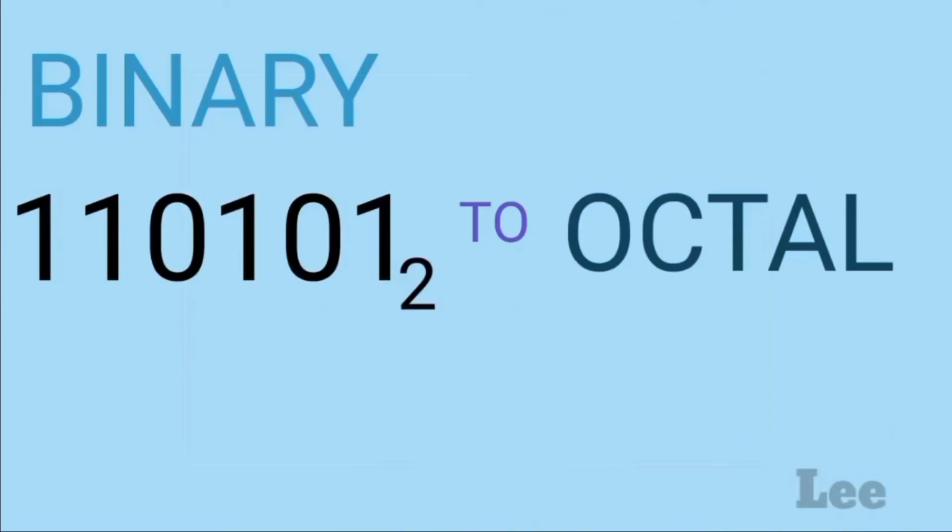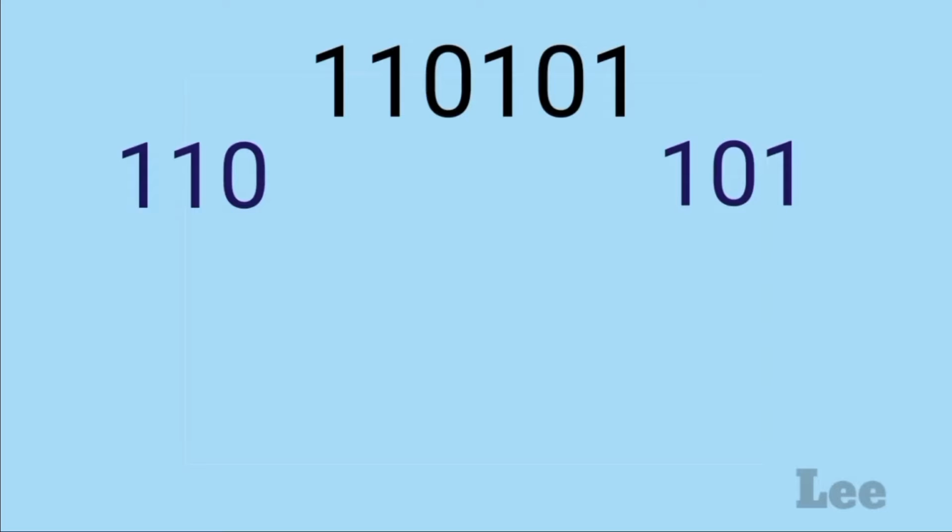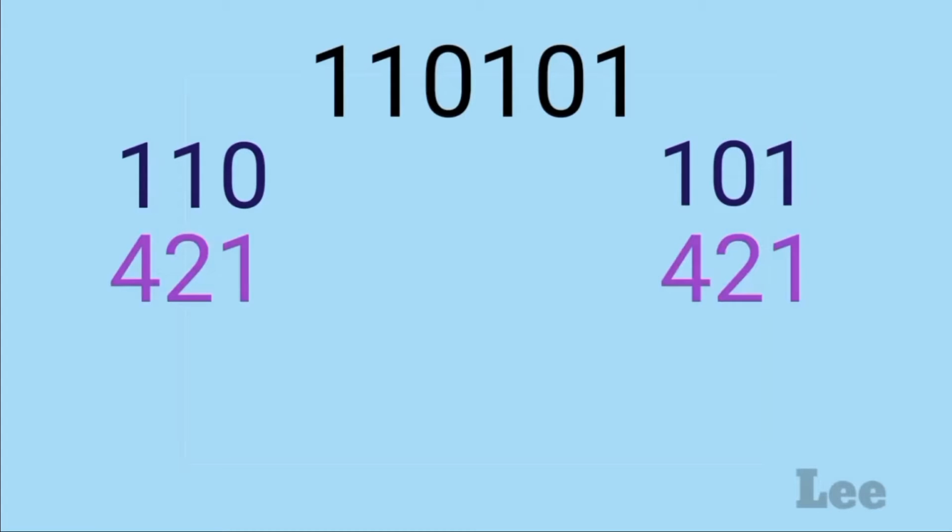I'm going to teach you how to convert binary to octal. Here's an example. Group them into 3. Add a 4, 2, and 1 underneath each set of 3 numbers to note your placeholders.